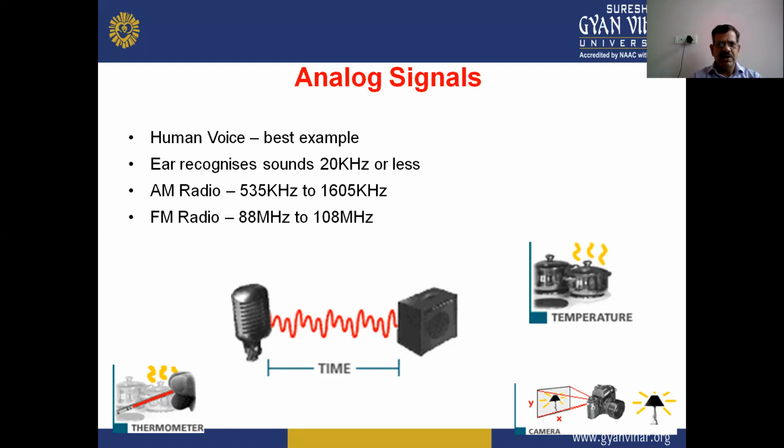AM radio has a frequency range of 535 kilohertz to 1605 kilohertz. FM radio has a frequency range from 88 megahertz to 108 megahertz. These are some examples of analog signals, which we can see in the different figures given here.